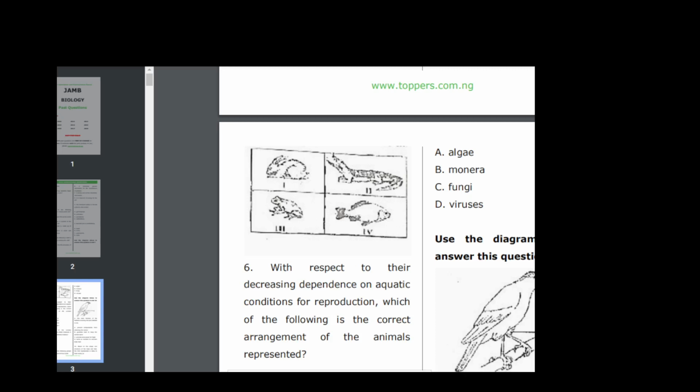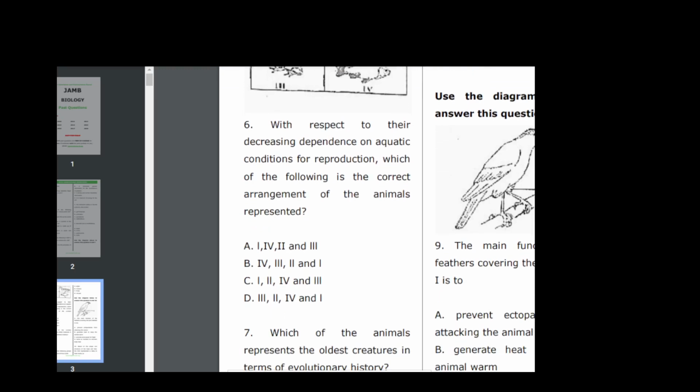So the next question that we have there says use the diagram below to answer questions 9 and 10. So we quickly read the question.